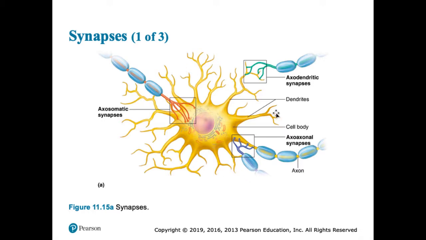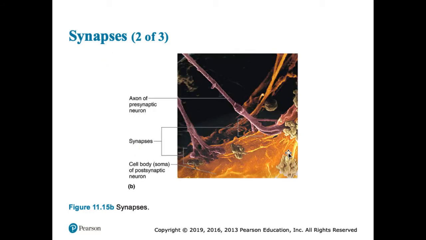And then, of course, you have some axodendritic synapses, and you have axoaxonic synapses as well. So basically there are some different types of synapses that can occur within that system. Of course, this is just another image from a micrograph that's been colored to show you the different synapses. This, of course, is the cell body, the soma of that postsynaptic neuron.